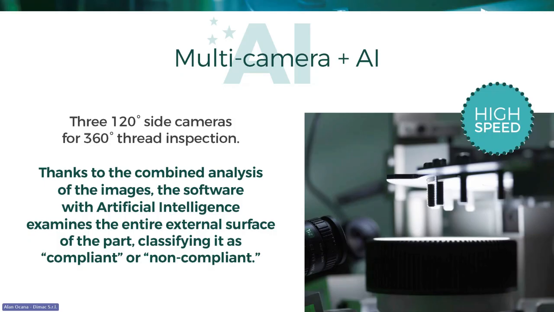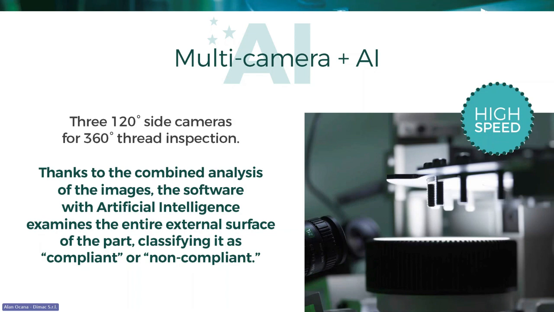Some of you may have seen this configuration in previous presentations or on our website. It's built around a three camera configuration with lateral cameras positioned at 120-degree intervals beneath the dial. This basically allows us to inspect the thread across a full 360-degree sweep without interrupting rotation. And here's where AI makes the difference.